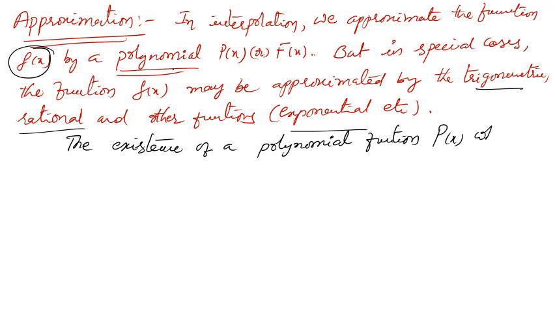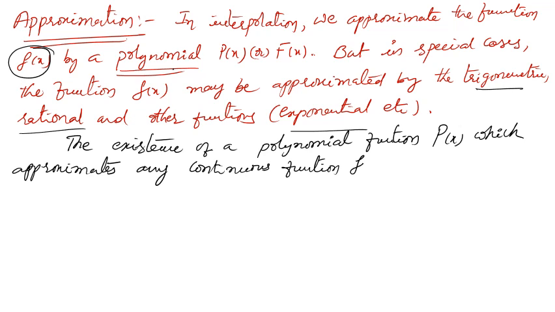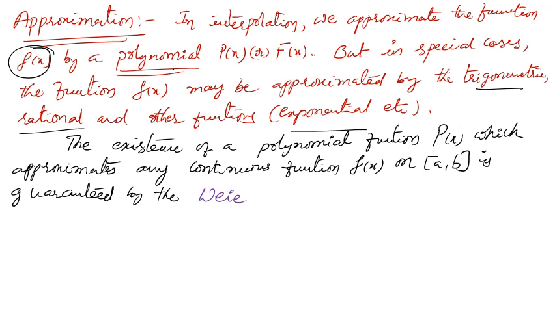P of x, which approximates any continuous function f of x on a finite interval a comma b, is guaranteed by the Weierstrass theorem.